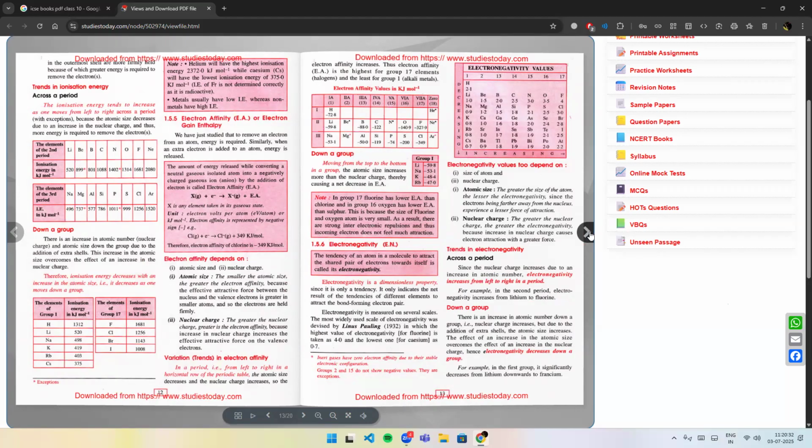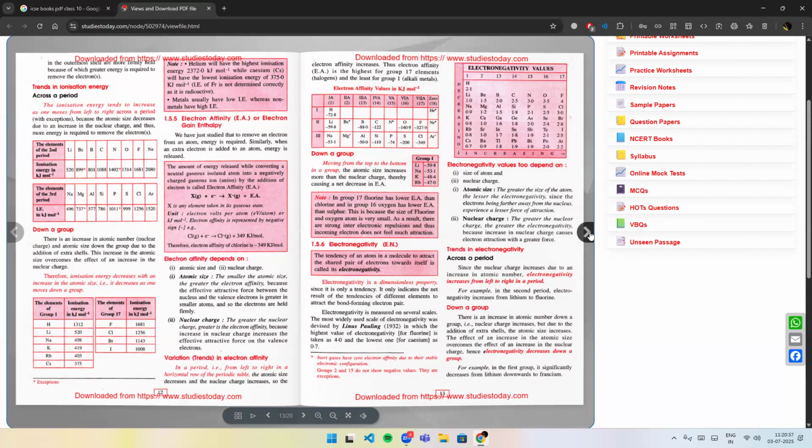Down a group. There is an increase in atomic number and atomic size down the group due to the addition of extra shells. This increase in the atomic size overcomes the effect of an increase in the nuclear charge. Therefore, ionization energy decreases with an increase in the atomic size, that is, it decreases as one moves down the group.